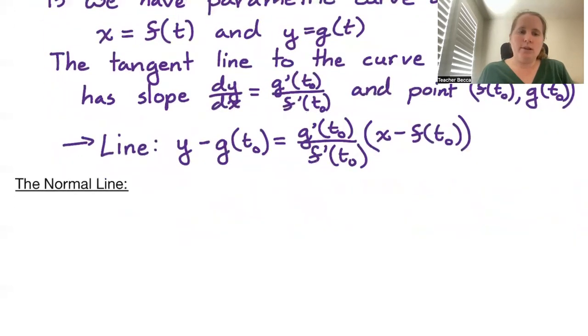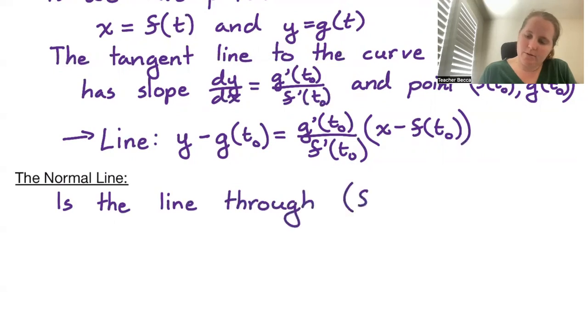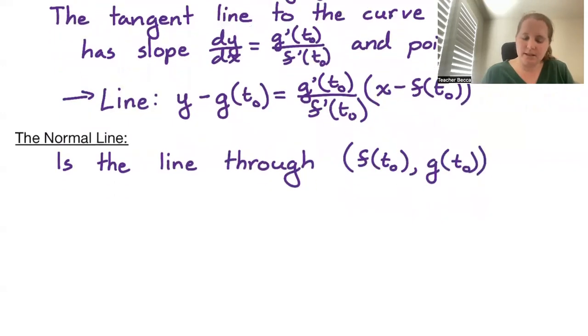We can write the equation of our line. The normal line is the line that has perpendicular slope. So it's the line through f of t naught, g of t naught, which has perpendicular slope.